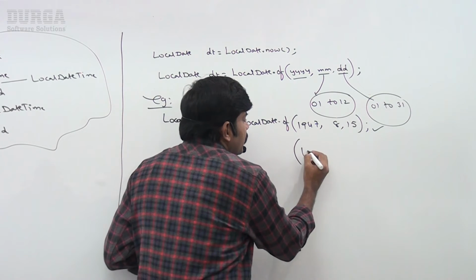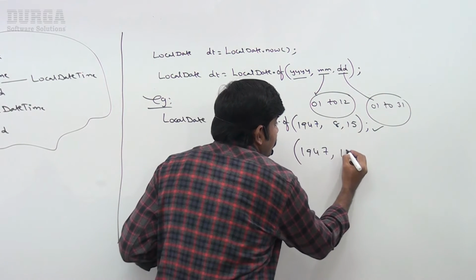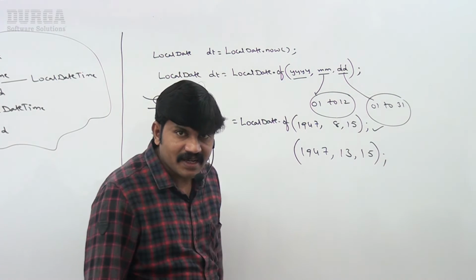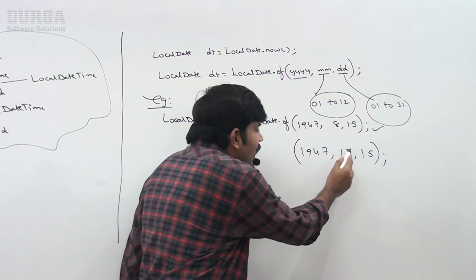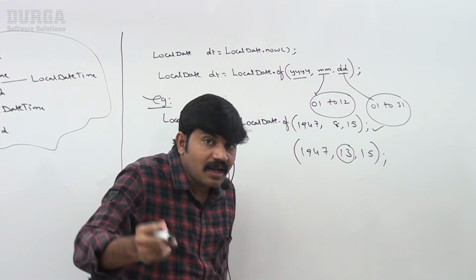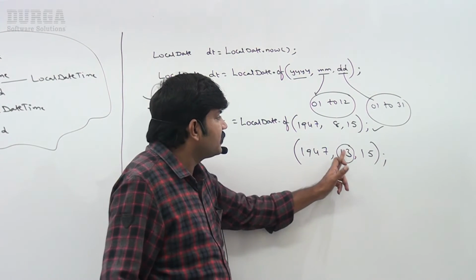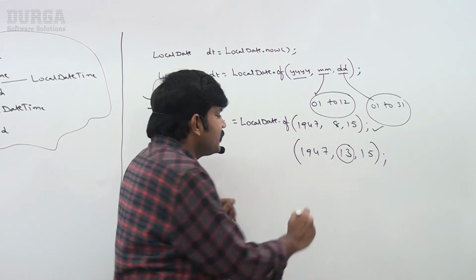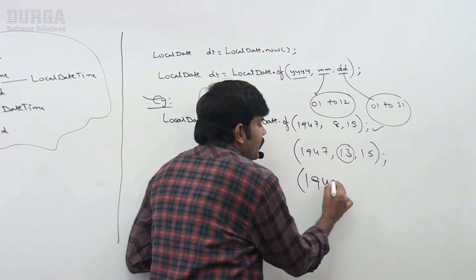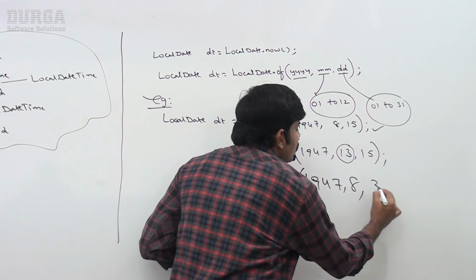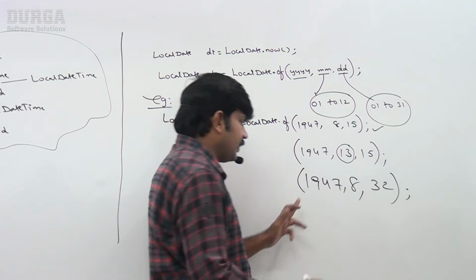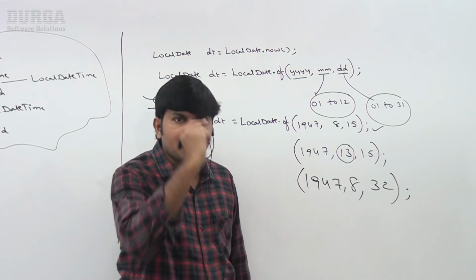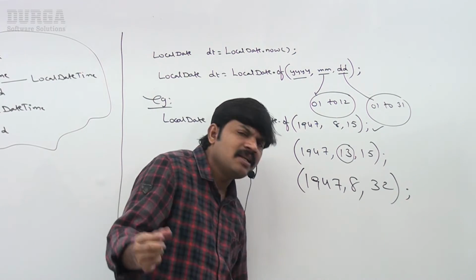Suppose I'm taking 1947, 13, 15, immediately we are going to get an error, because 13 is not an allowed value for month. Similarly, 1947, 8, 32, immediately we are going to get an error, sir.